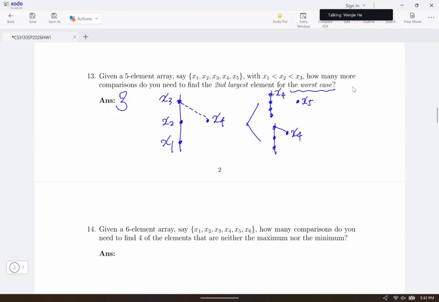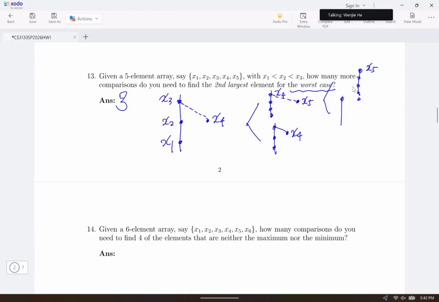That student compared x4 and x5. Then again there is a best case and a worst case, and that student picked the best case. If x5 is higher than x4, then you only need two comparisons, but that's the best case.